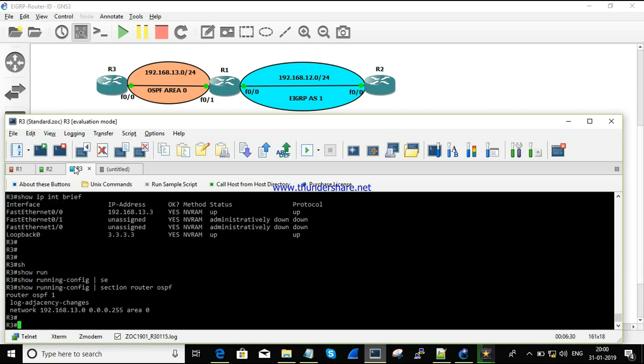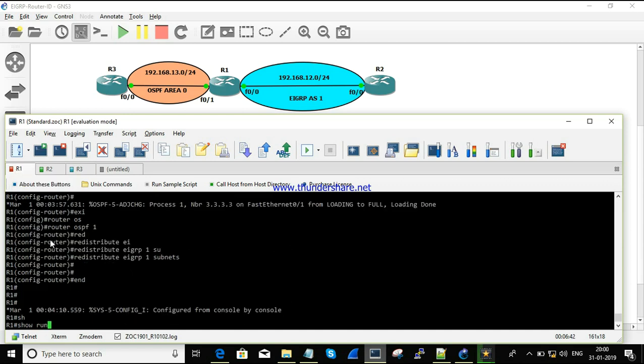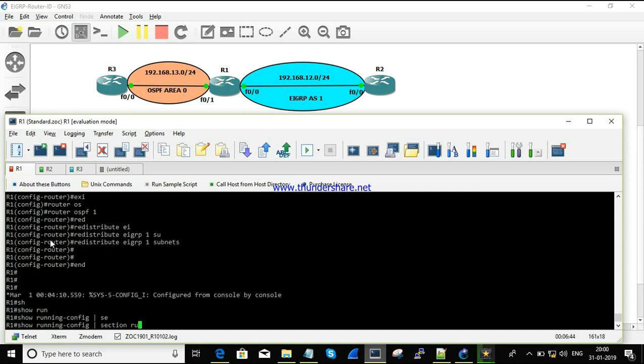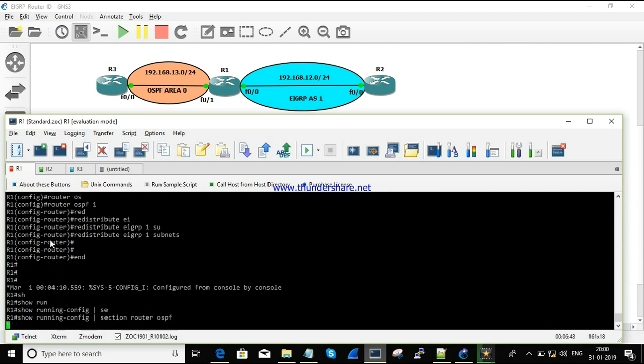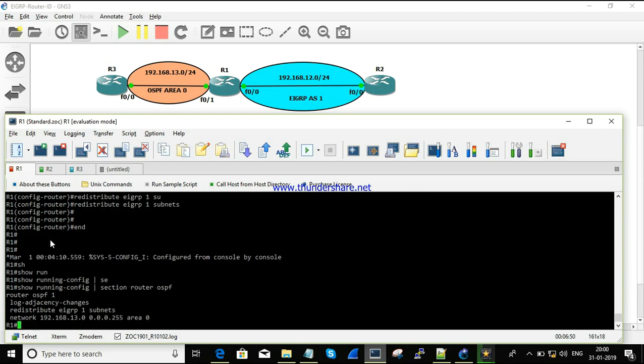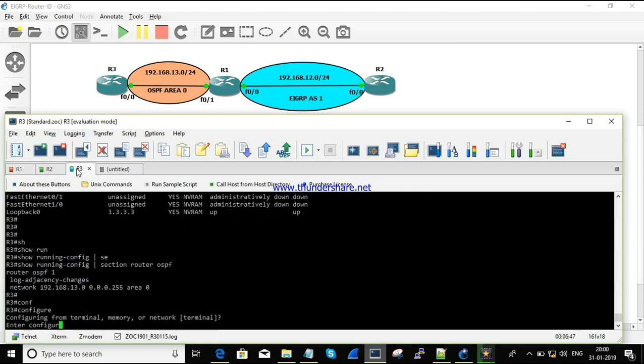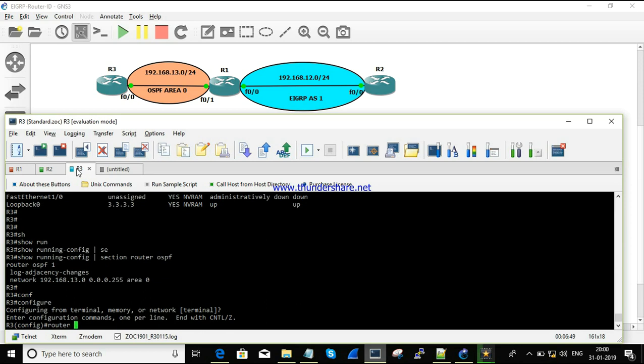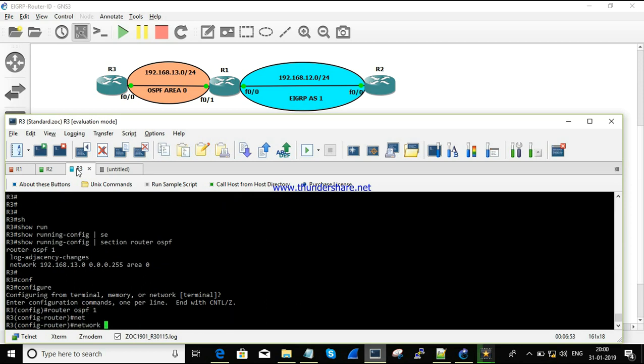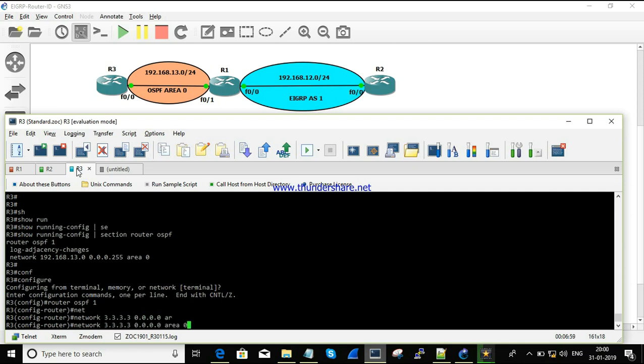Okay. So we have particularly advertised this network. Here is how we have done the configuration. No issues. So now what I'm going to do is advertise it: router OSPF 1 and network 3.3.3.3 0.0.0.0 with area 0.